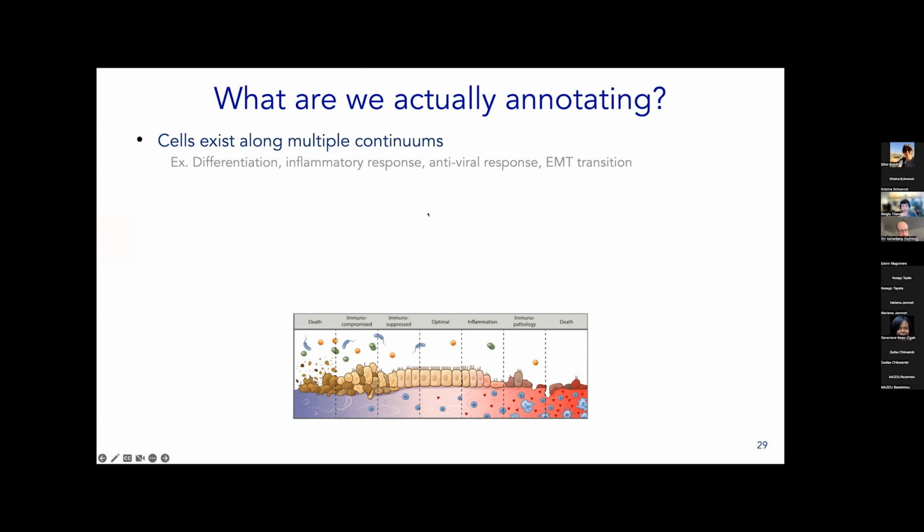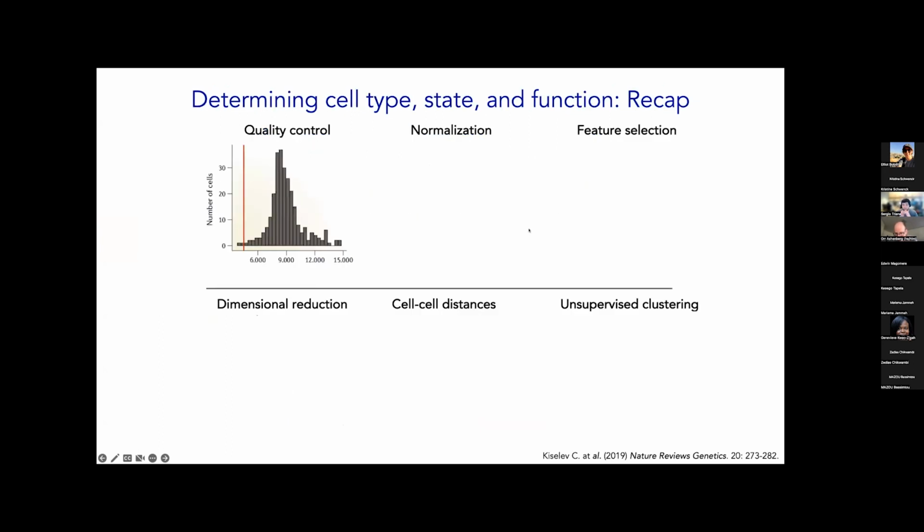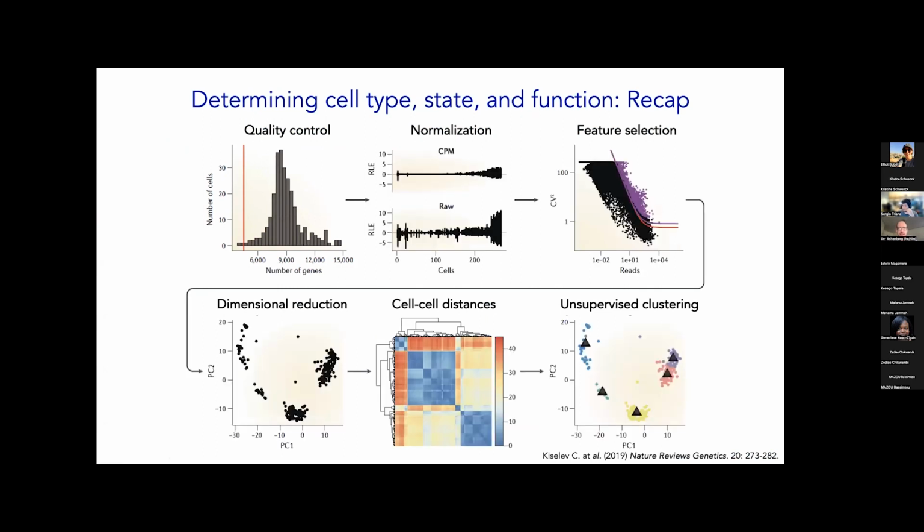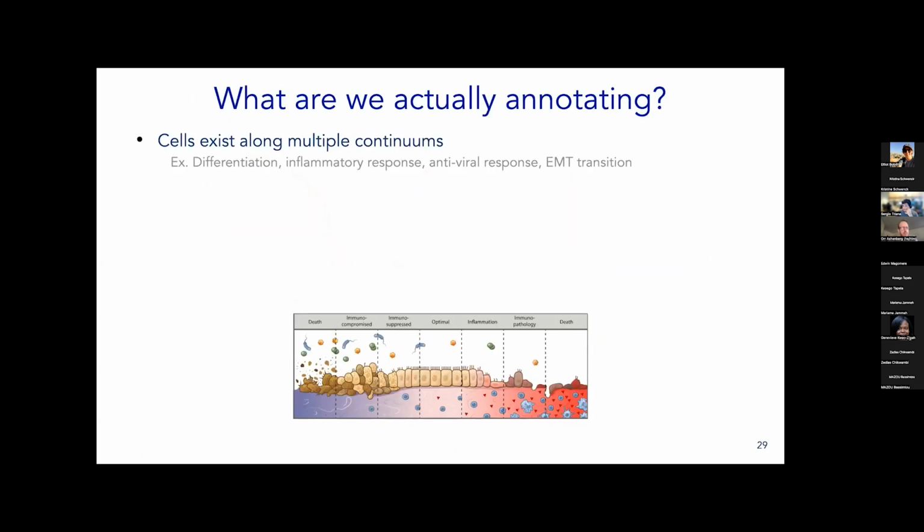There's another question. Are there any tools that can do the high to low dimension? Can you just go ahead without doing the principal components? There are people who will skip any kind of dimensionality reduction and use all the data to do clustering.